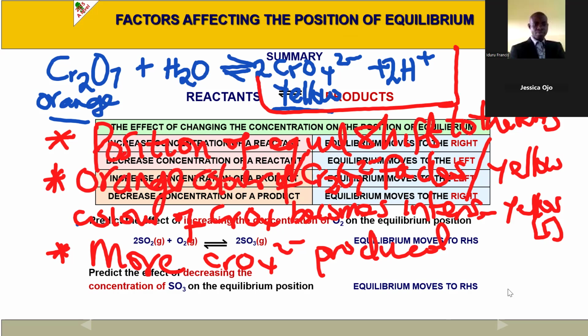What is the easiest reagent to use if you don't use CrO4 2 minus? Yes. KMnO4. Use what? So don't worry. Okay, good.